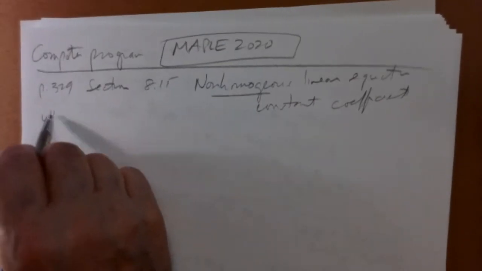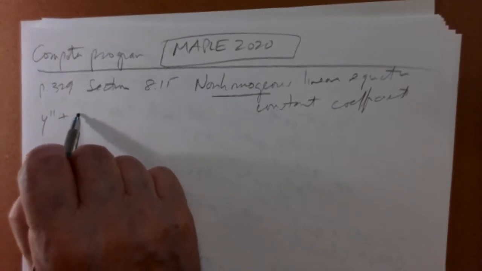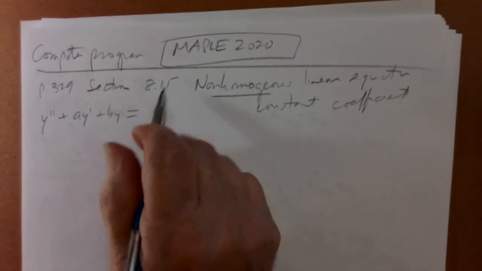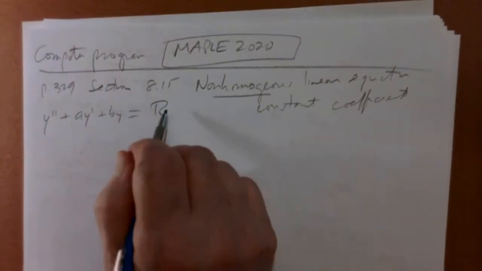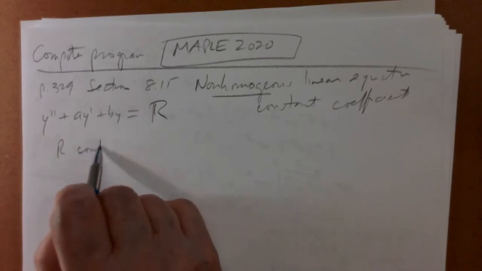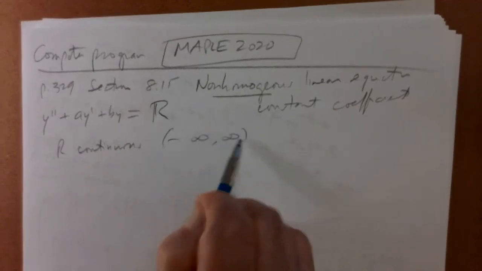So the homogeneous equation with constant coefficients of order 2, y double prime plus ay prime plus by equals 0. And when it is non-homogeneous, there's on the right-hand side a function r, which is continuous from minus infinity to infinity.